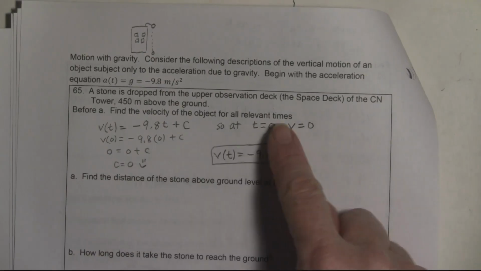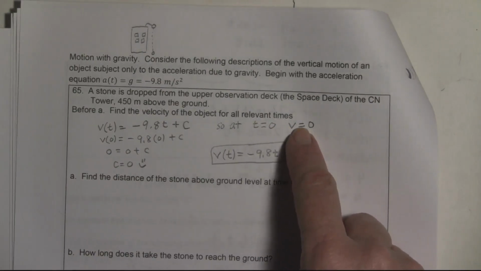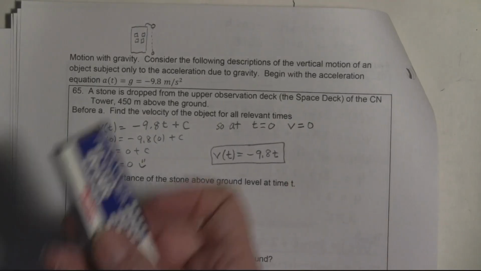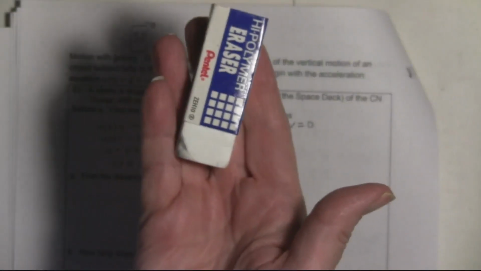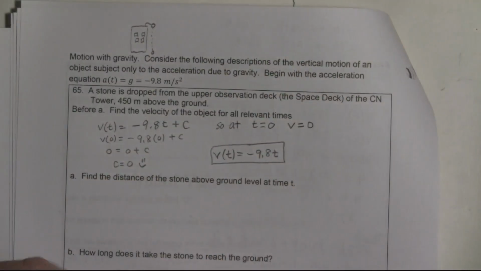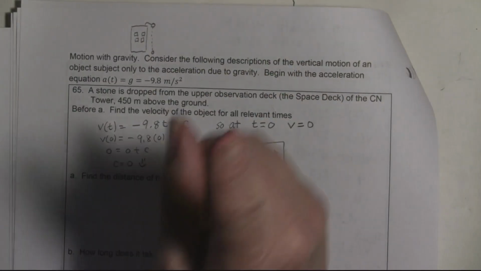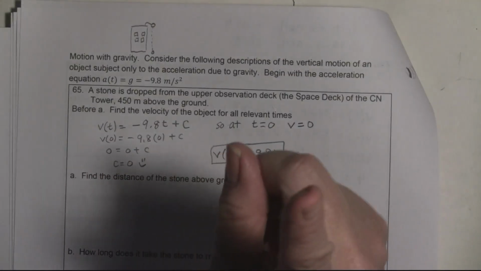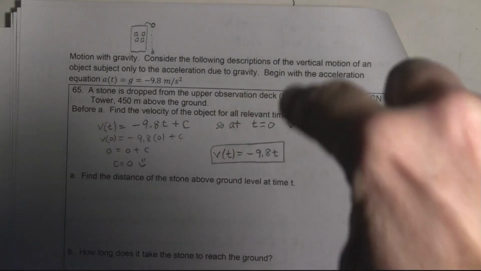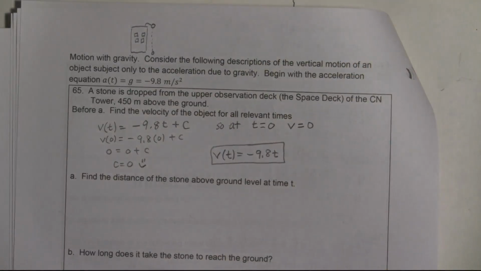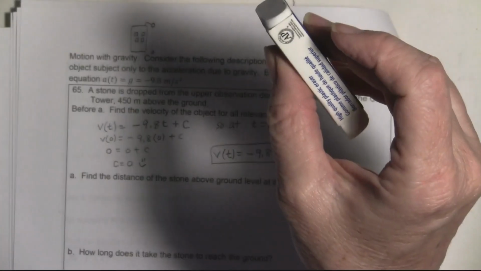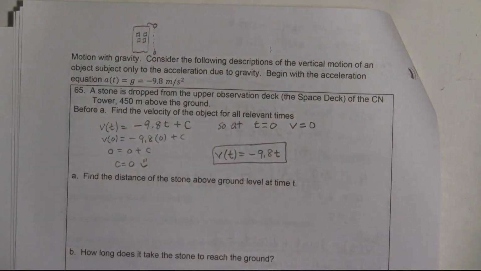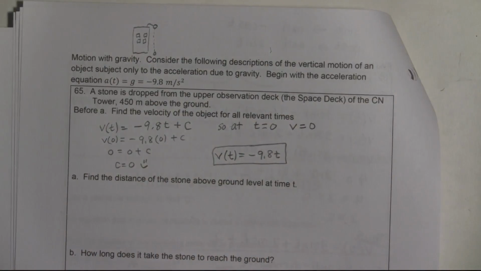If I was to throw the stone upward instead of just dropping it, then since it would be going upward, the velocity would be positive. Then the stone would go up and come back down. But in this case, the stone was simply dropped, without any force going down or force going up.